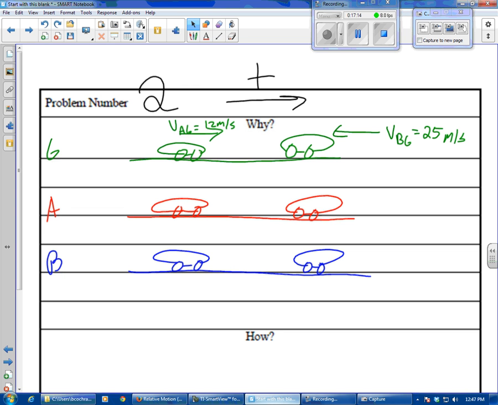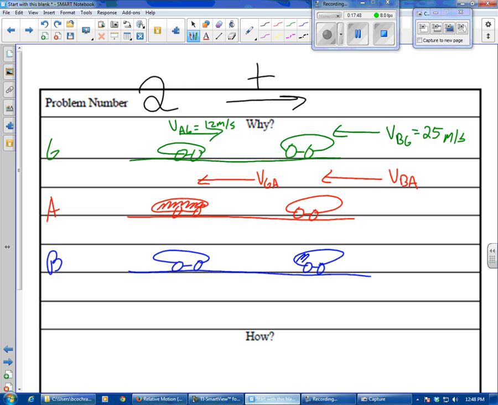So now, with respect to car A, and remember this is our car A here, A is not moving, but the ground would be moving that way, velocity of the ground with respect to A, and car B would also be moving this way, the velocity of B with respect to A would be that direction.